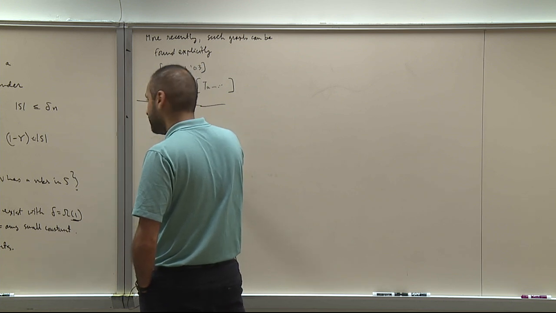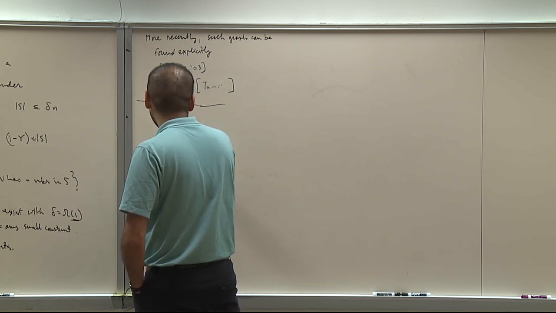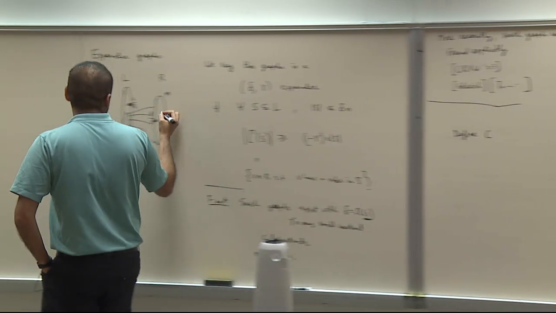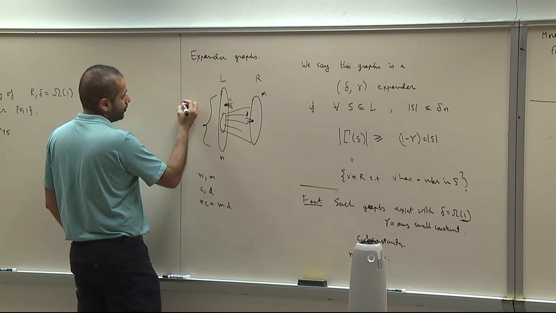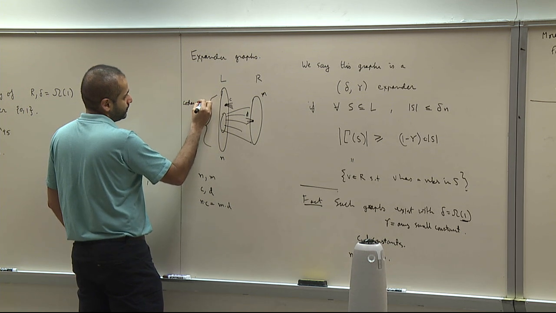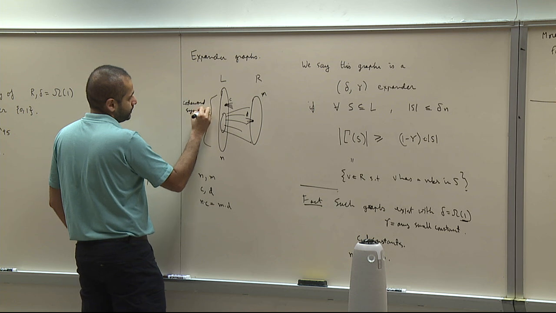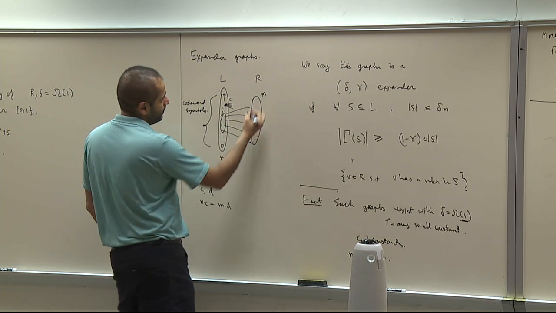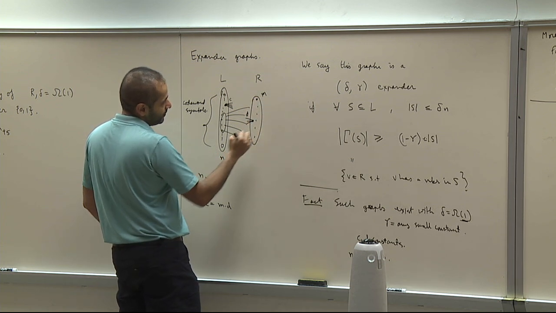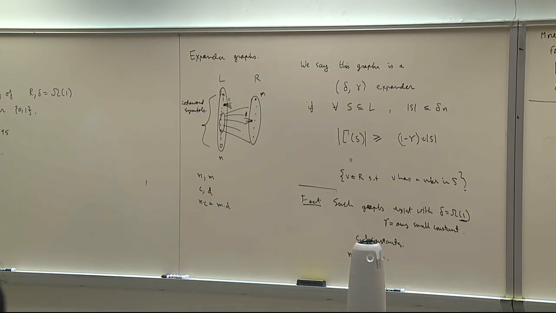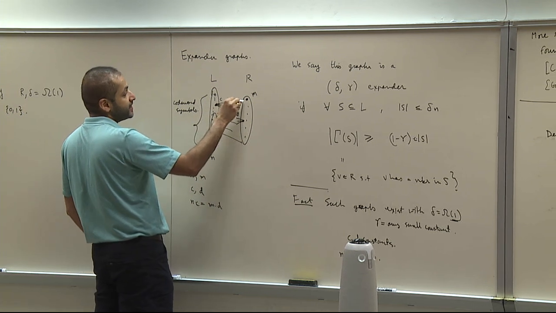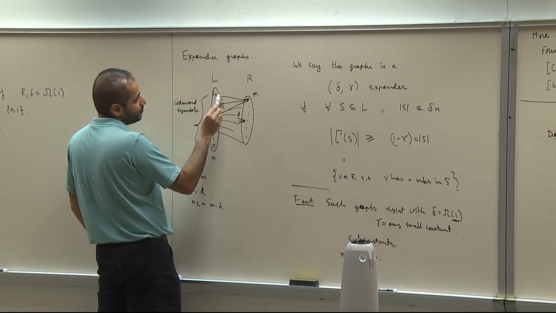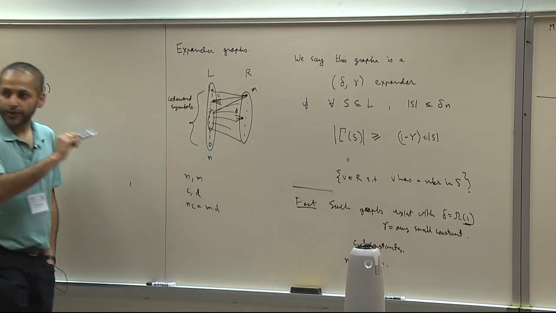So here's the code. It defines C as follows. This graph, we are now going to view these as the code word symbols. So we're going to write zeros and ones on the vertices. And we're going to view the right-hand vertices as parity checks. They're going to enforce constraints on their neighbors, and the constraint they're going to impose is the sum of all those bits mod 2 should be 0.